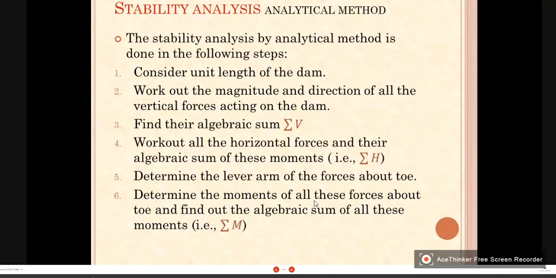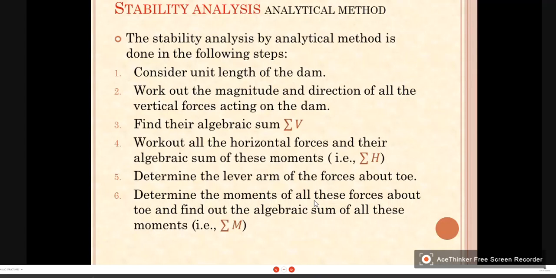Vertical forces are those which act in the y direction, including the uplift force and other forces.